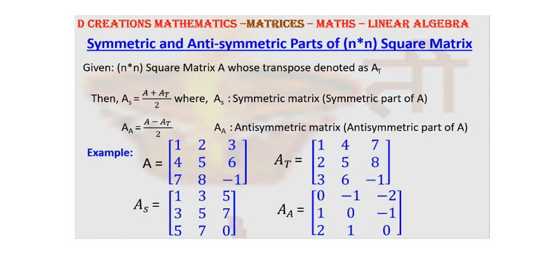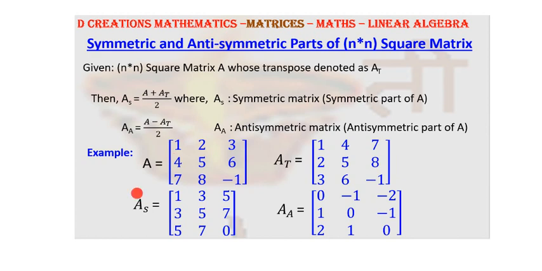So now the symmetric part is going to be the addition of these two matrices divided by 2. The first element, 1 plus 1 is 2, divided by 2 is 1. Similarly, consider first row, second column. This is 2 here, it's 4 here. 2 plus 4 is 6, divided by 2 is 3.